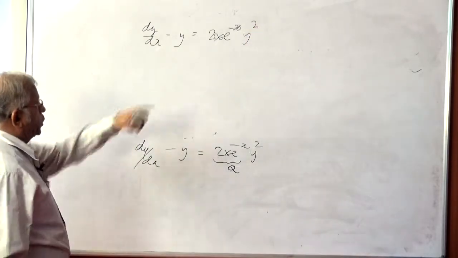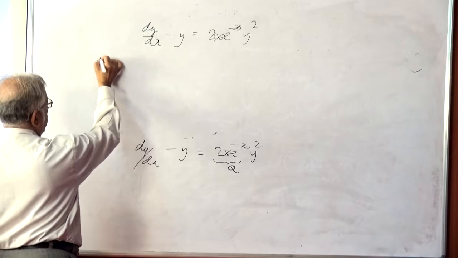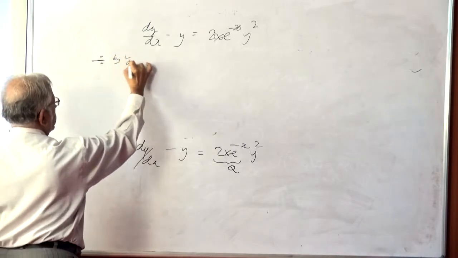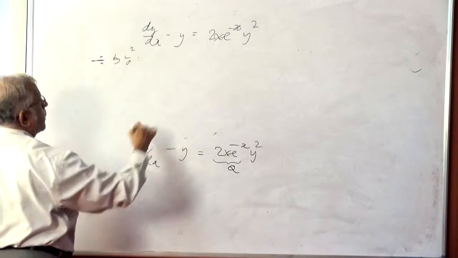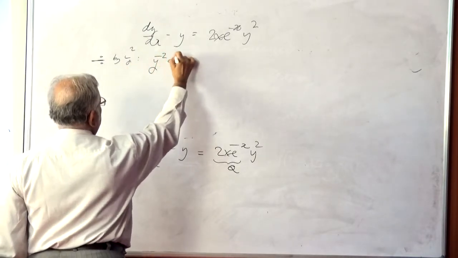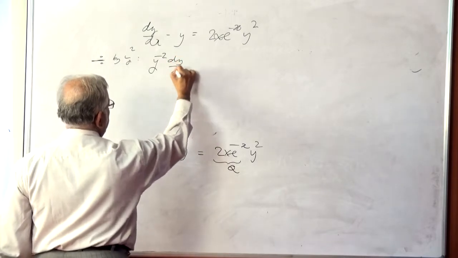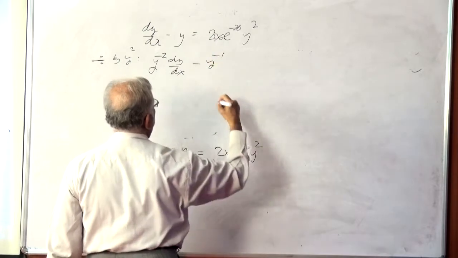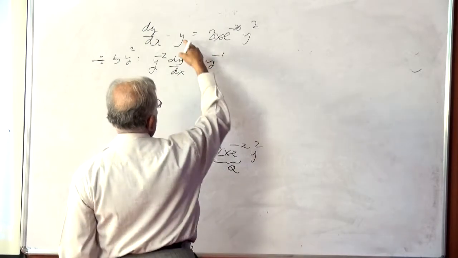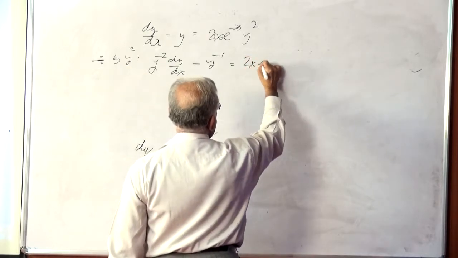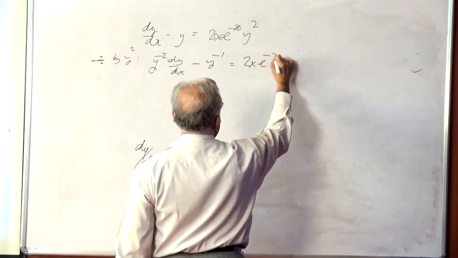We divide the entire equation by y squared. If we divide by y squared, we will get y to the power of minus 2 dy/dx minus y to the power of minus 1 is equal to 2x e to the power of minus x.